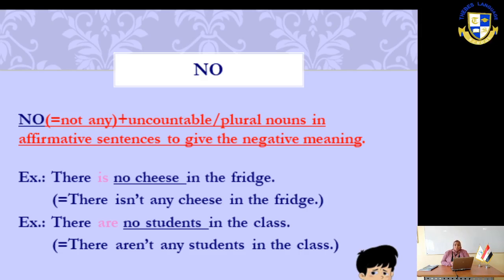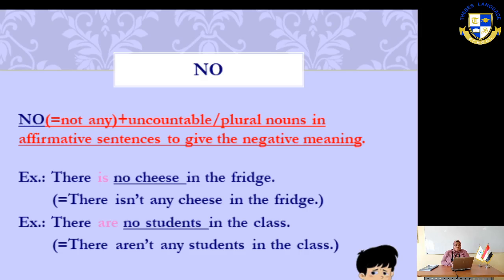There is no cheese in the fridge. That means there isn't any cheese in the fridge. And this is uncountable sentence. What about there are no students in the class? This is plural countable nouns.